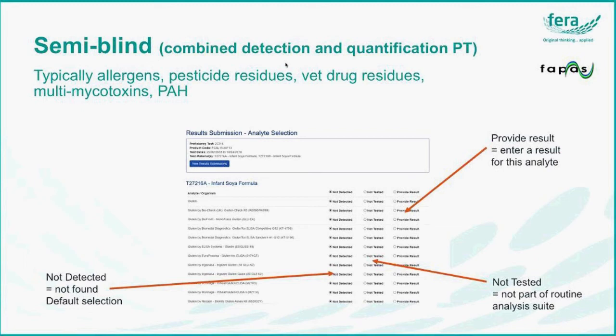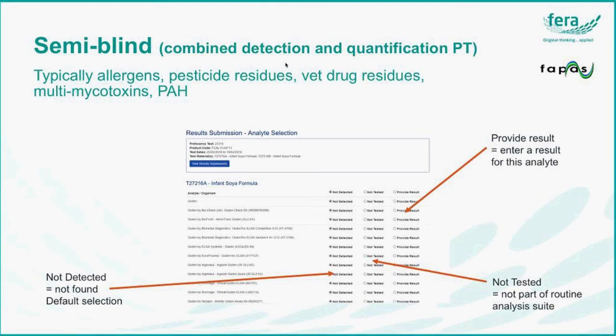So here we have a default selection of not detected. This means that you have looked for that analyte but you have not found it. Alternatively, you can select not tested.